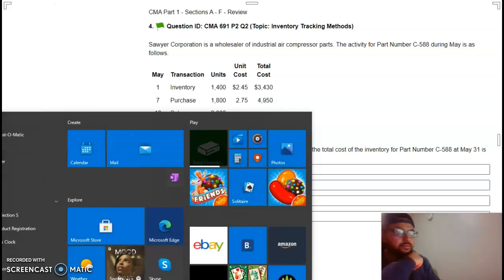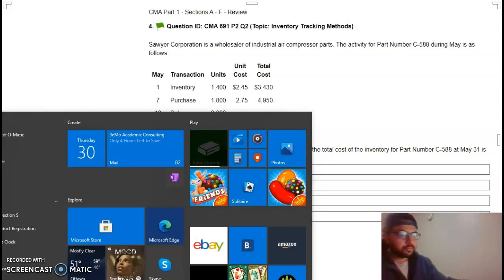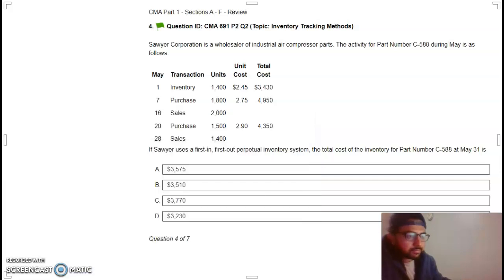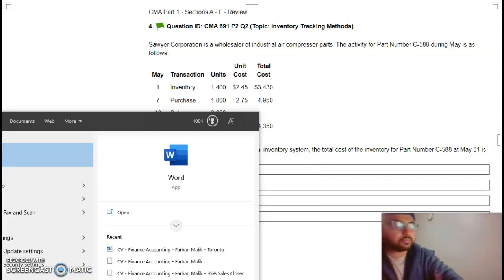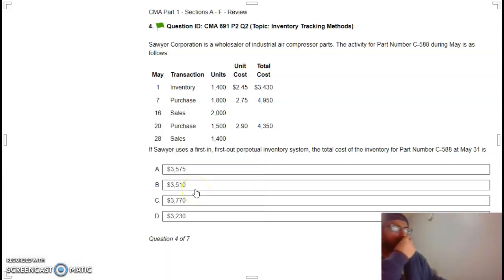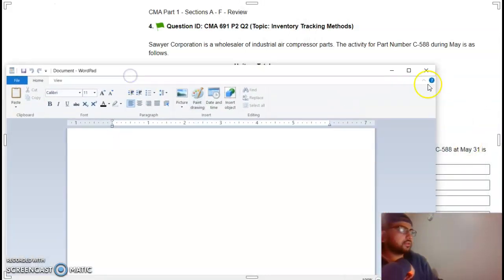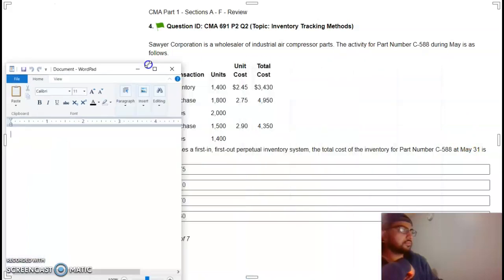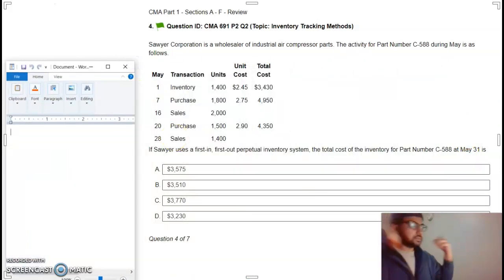Come on, what's wrong with the mouse? I'm just going to do this quickly.